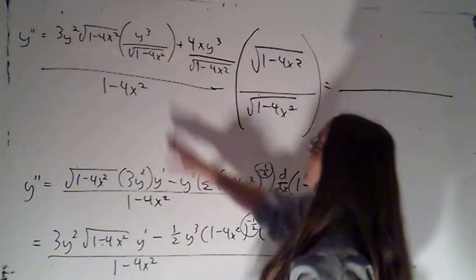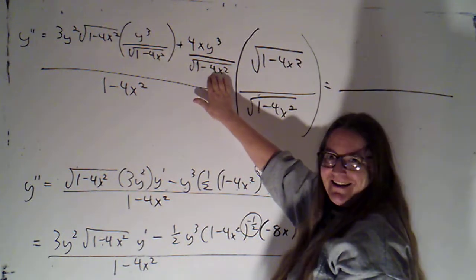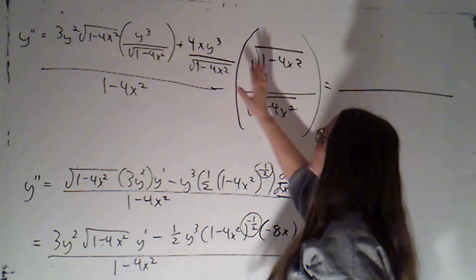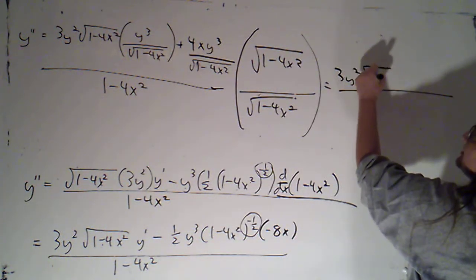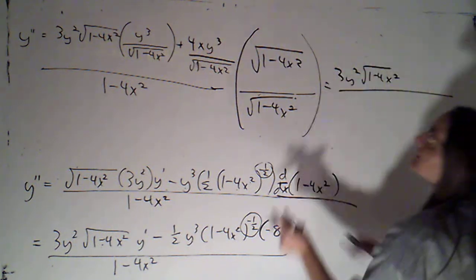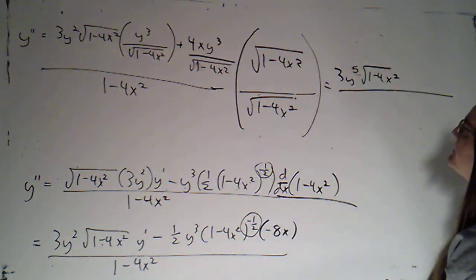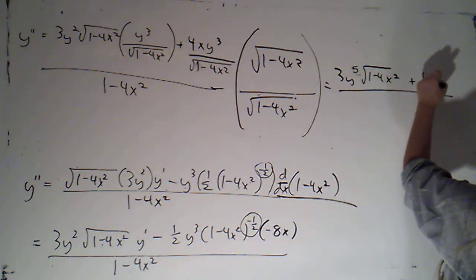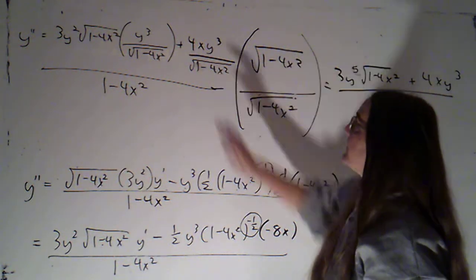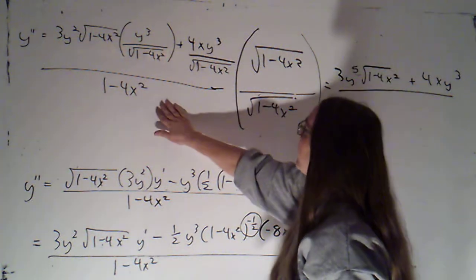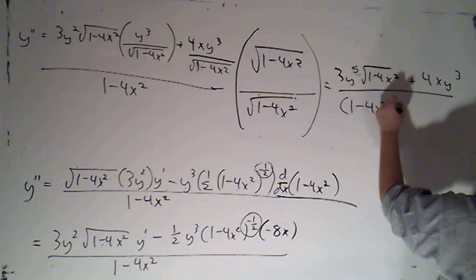Actually, had I noticed, I could have canceled this one here, but I'd still have to multiply through by this to get rid of this root in the denominator. So either way, one of them cancels, and I get 3y squared root 1 minus 4x squared times y cubed. Let's just make this a y to the 5th. Okay, and then plus 4xy cubed, because here that root will cancel. Okay, then on bottom, I've got 1 minus 4x squared times the square root of 1 minus 4x squared.